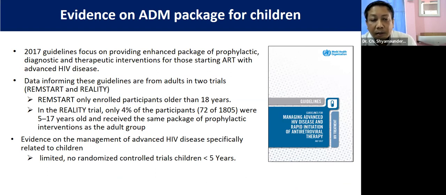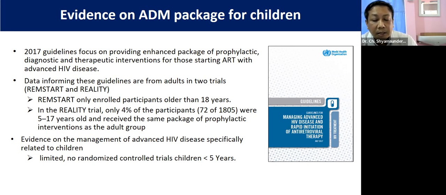Data informing these guidelines are from adults in 2 trials, REMSTART and REALITY. REMSTART stands for Reduction of Early Mortality Among HIV-Infected Subjects Starting ART, and REALITY stands for Reduction of Early Mortality in HIV-Infected Adults and Children Starting ART.